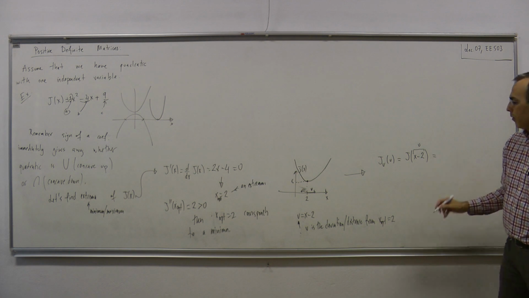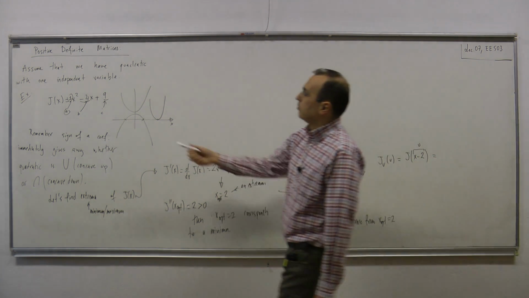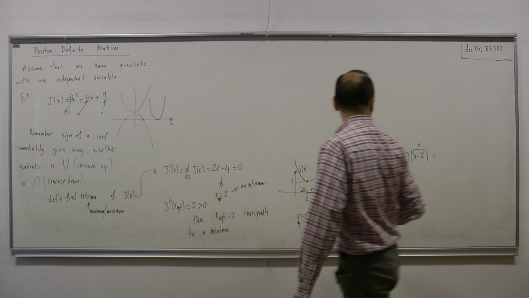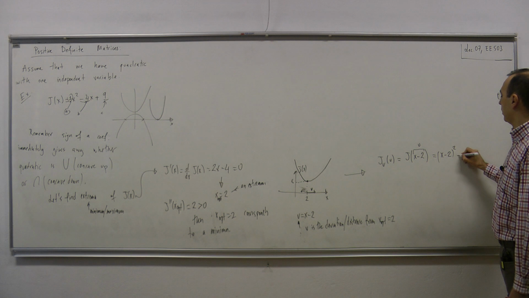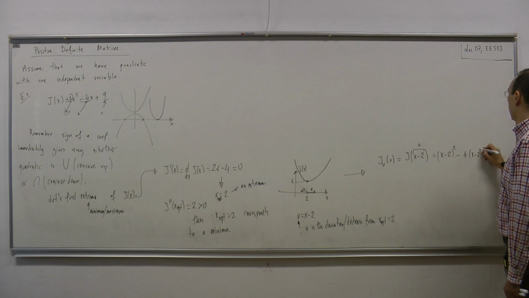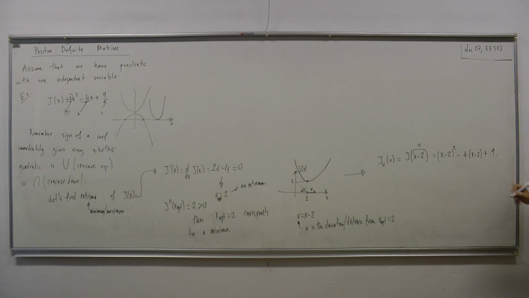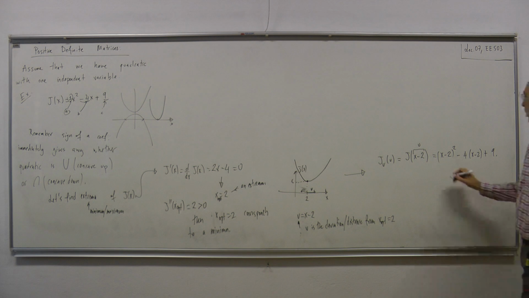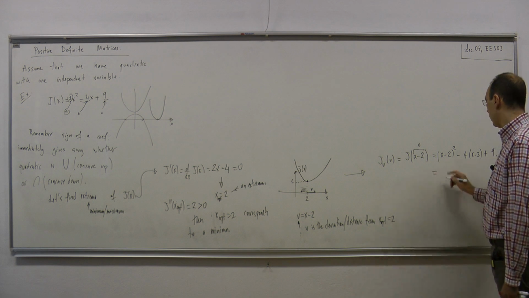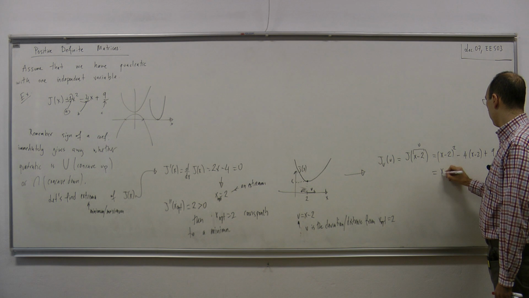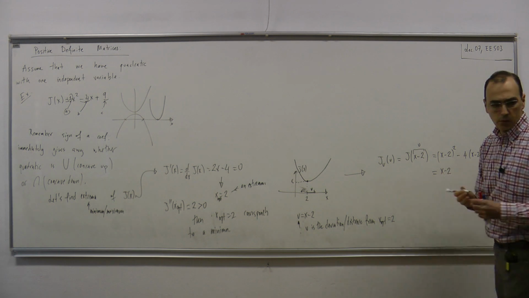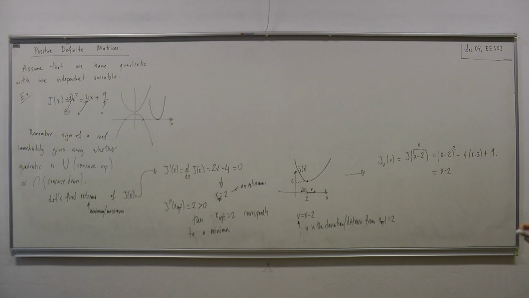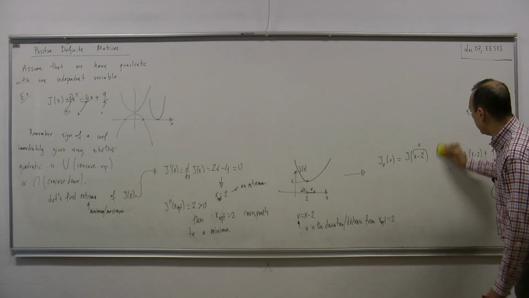Okay. So I can define a new function. So j of x is this. So I should do x minus 2 squared minus 4 times x minus 2 plus 9, something like that. But if I do this, well, let me erase this part.